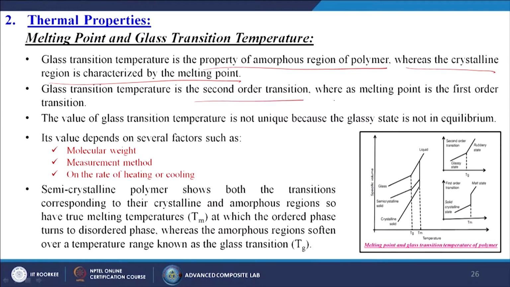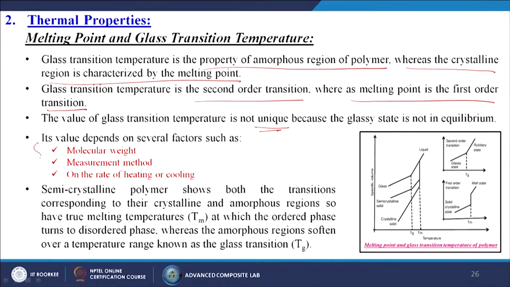The glass transition temperature is a second order transition, whereas the melting point is a first order transition. The value of the glass transition temperature is not unique because the glassy state is not in equilibrium. The glass transition temperature for natural rubber is minus 70 degree centigrade. Its value depends on several factors such as molecular weight, measurement methods, and the rate of heating or cooling.